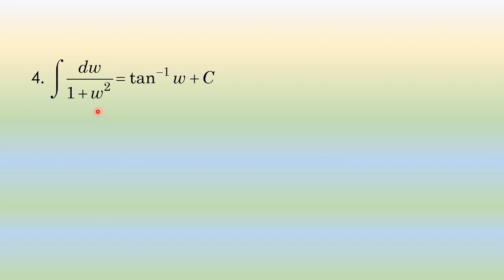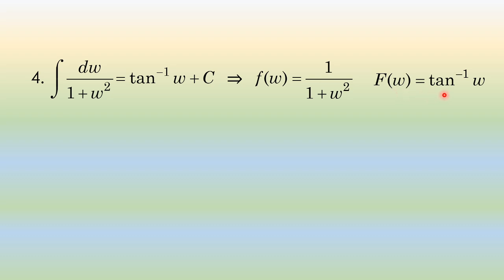Let us have this part for example. The integral of dw over 1 plus w squared is equal to inverse tangent of w plus c. Here, small f of w is equal to 1 over 1 plus w squared, while big F of w is equal to inverse tangent of w or arctangent of w. If I take the derivative of this, I will get 1 over 1 plus w squared.